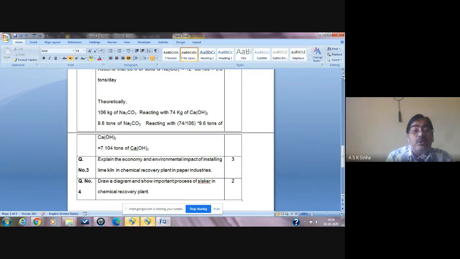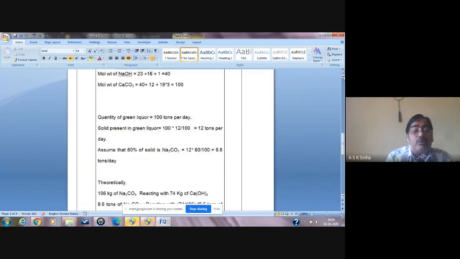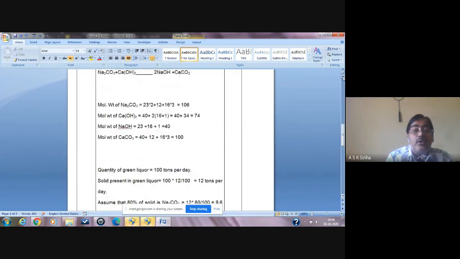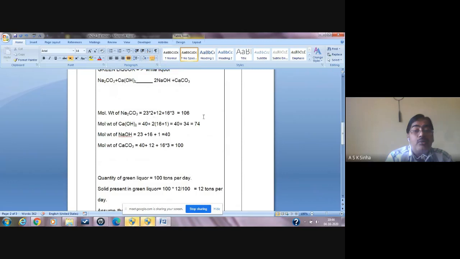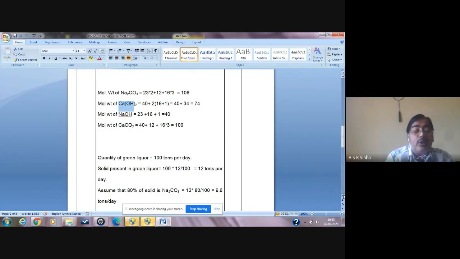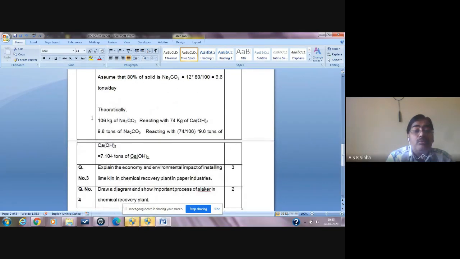Sodium carbonate has the weight of 106. 106 kg will be reacting with 74 kg of calcium hydroxide. That's why we will be taking the fourth step here in the calculation: 106 kg of sodium carbonate is reacting with 74 kg of calcium hydroxide.